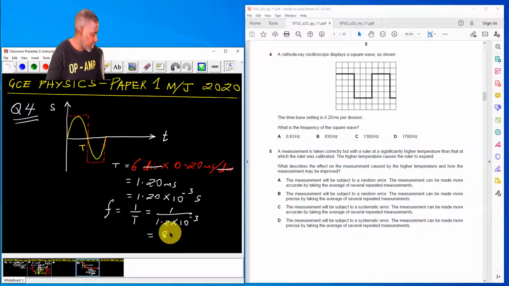It becomes 833 hertz. And when I look at the choices, the closest one is B. So our answer is B. Like that. And let's go to question 5.